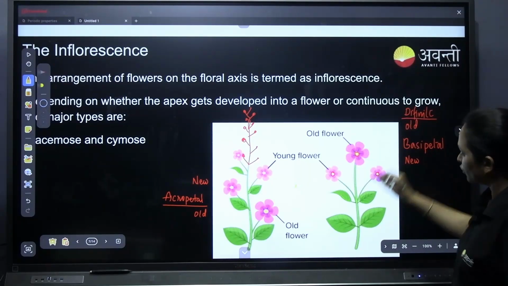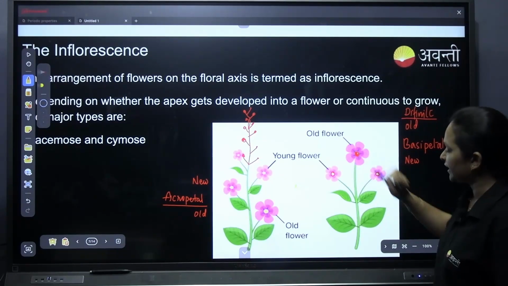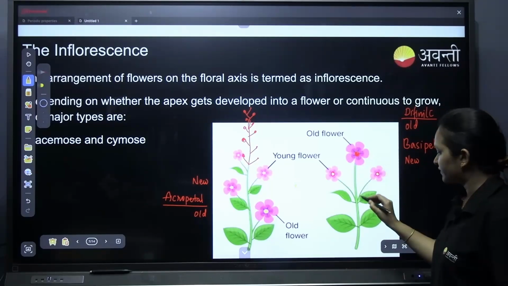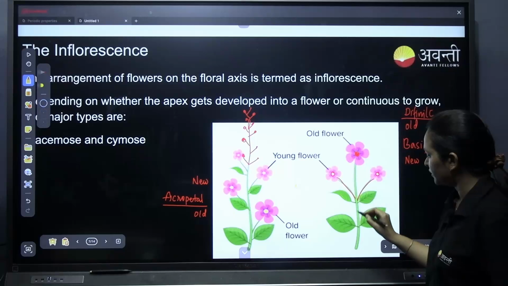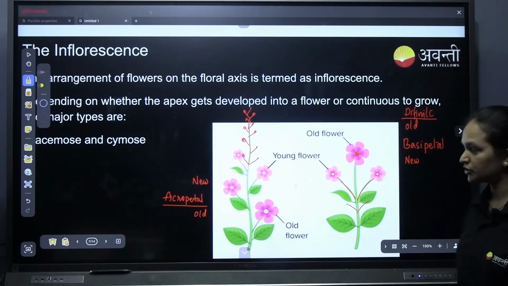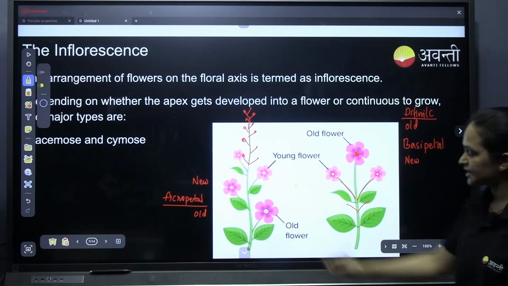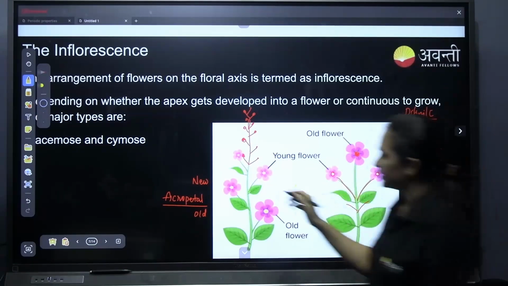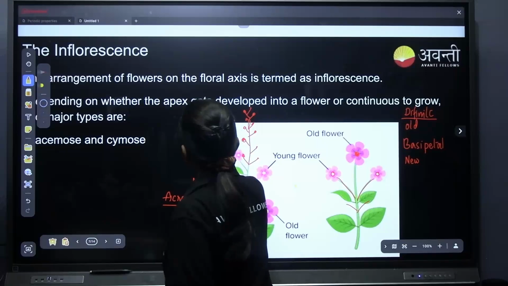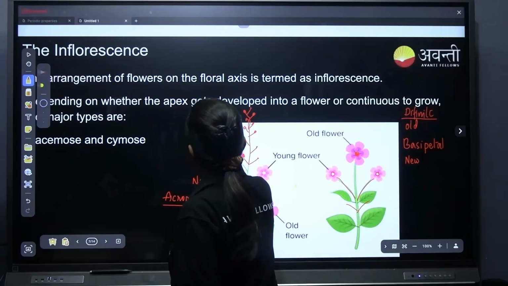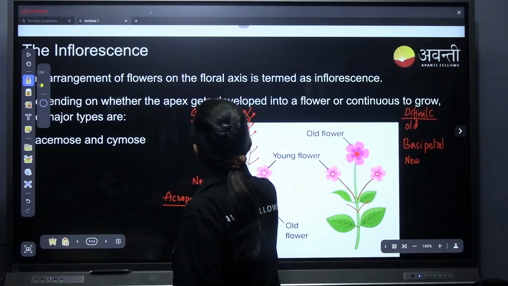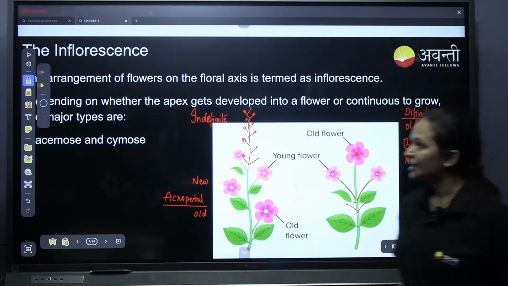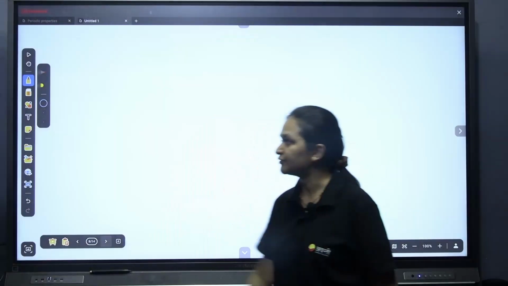If the old flower is at the top, it terminates the flowering. If more have to come, they have to come from below. So this is about the cymose inflorescence. Racemose is indefinite, and cymose is definite. So this is about the arrangement of flowers, that is inflorescence.